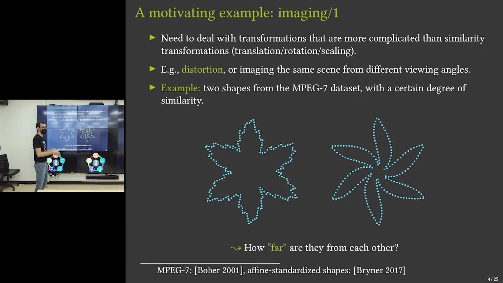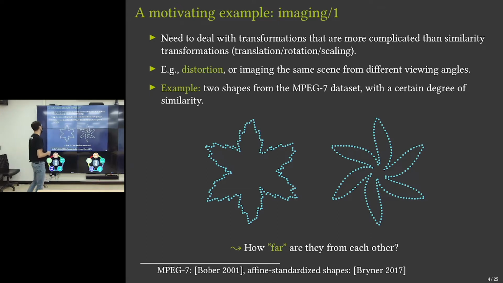Each set, for example this set is called device 7, I think, has 20 shapes that, just by looking at them, you can see have some kind of similarity between them. For example, if you look at these two shapes, they both have six spikes. They are both inscribed in a kind of circle, so there is some kind of circular pattern.